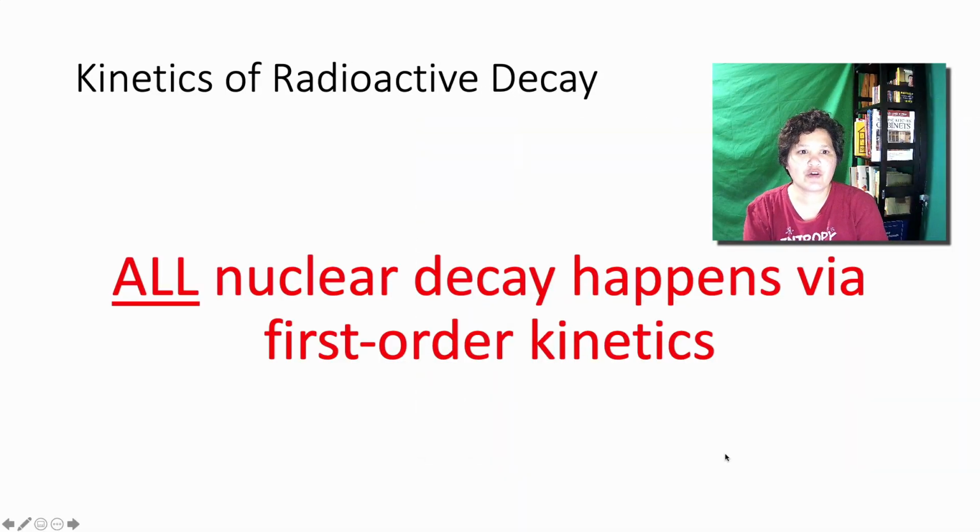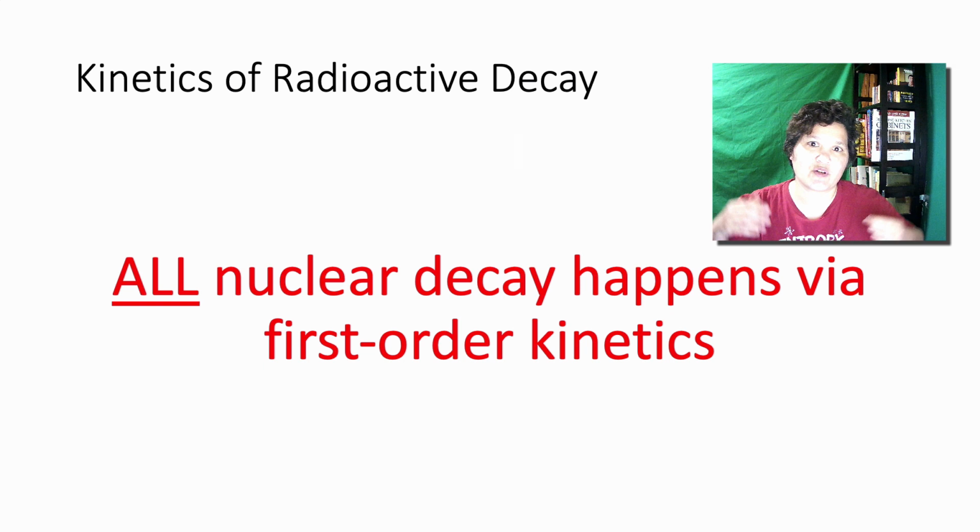So the first thing you should know about radioactive decay is that all of it happens via first order kinetics. Now, if you think back to the relationship between chemical kinetics and reaction mechanisms, this makes sense. Because when you're talking about what order reaction a particular elementary step has, it's going to be dependent on how many things are involved.